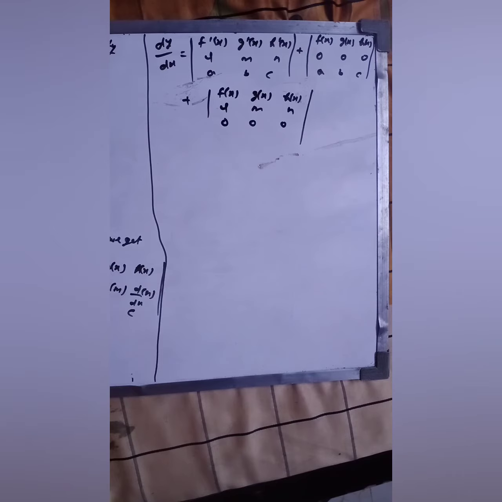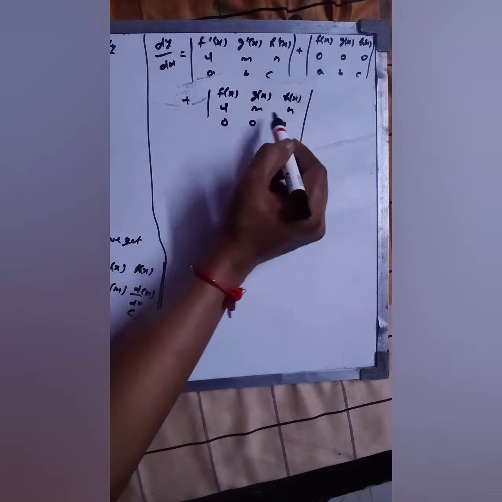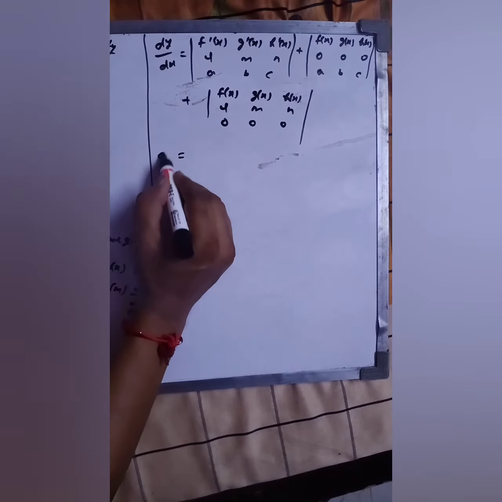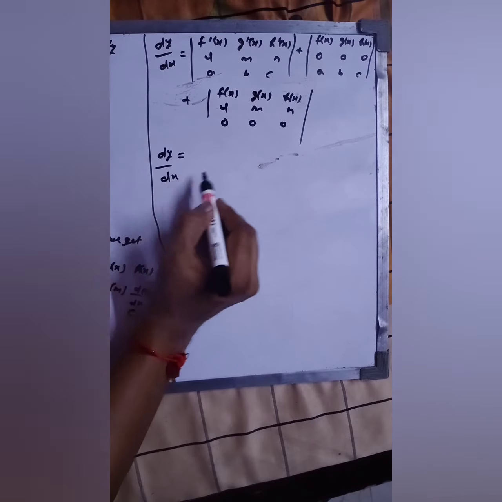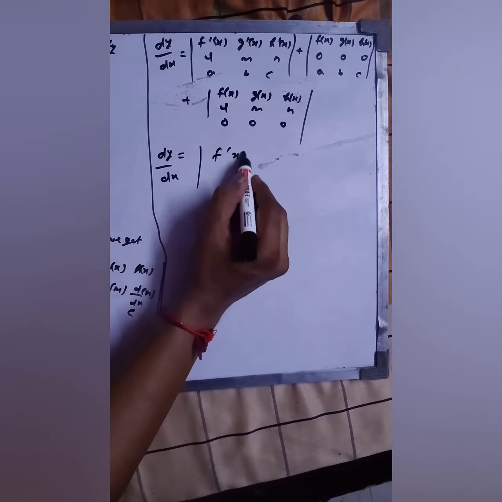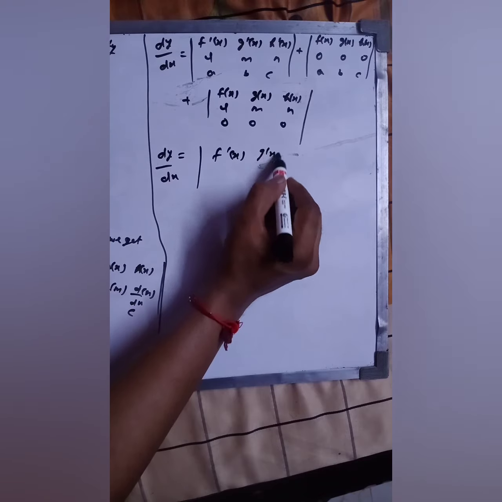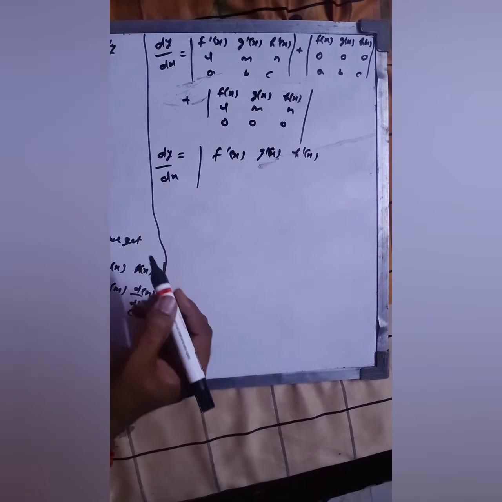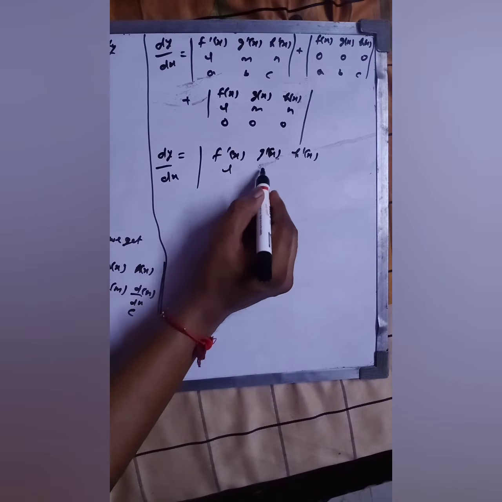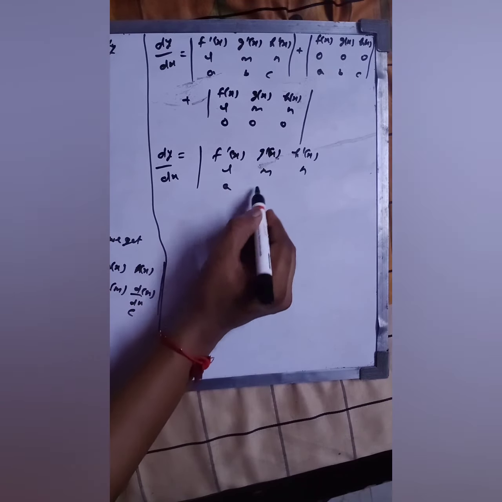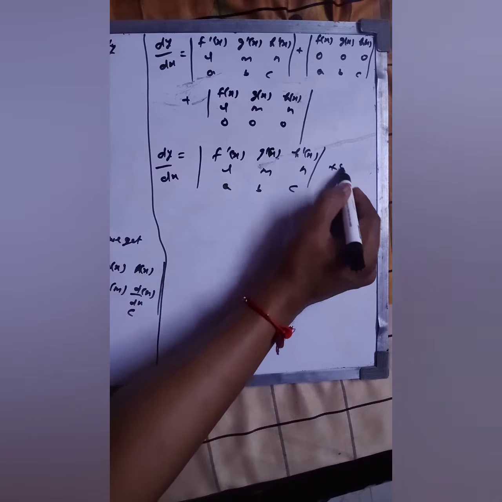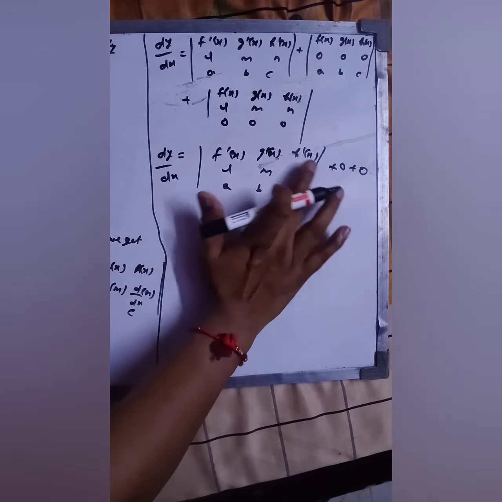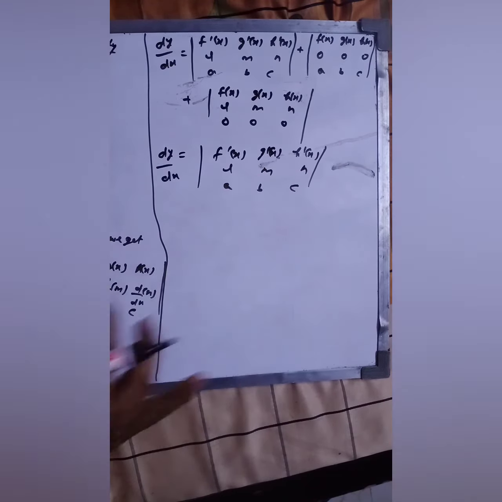So this whole will be 0, this whole will be 0, and your final answer would be dy by dx equals f dash x, g dash x, h dash x, l m n a b c, and the rest both 0. So your final answer would be this one, which you had to prove.